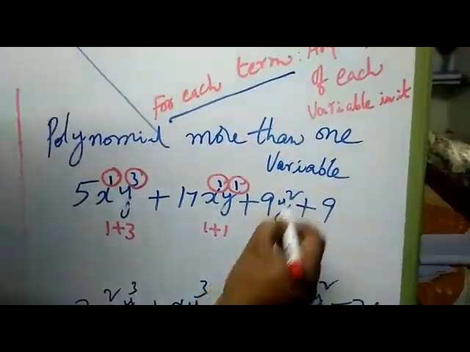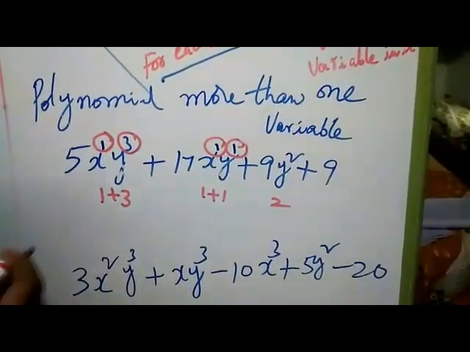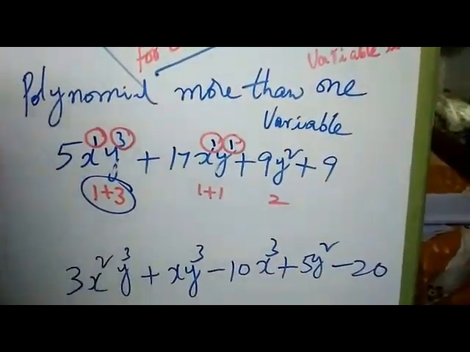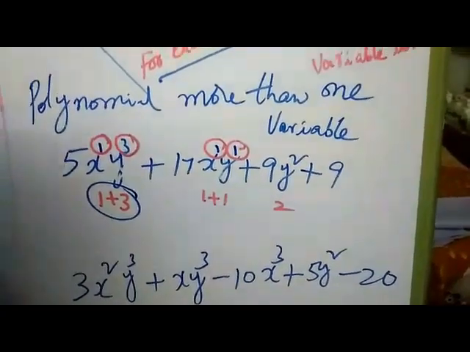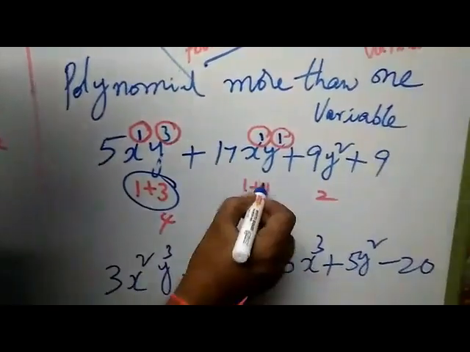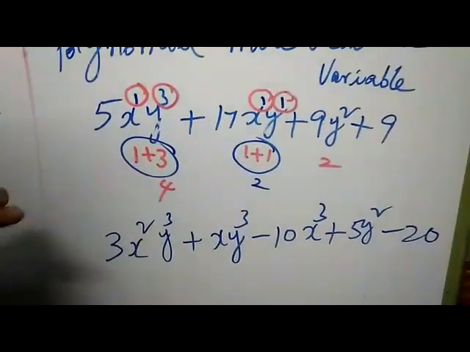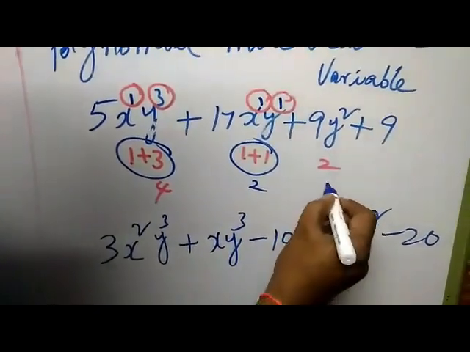Here only 2. If you add 1 plus 3, we are getting 4. If you add 1 plus 1, we are getting 2. Here already 2 is there, no need to add.